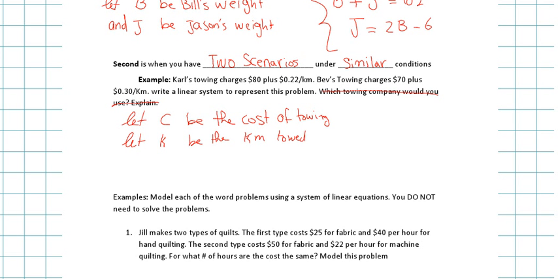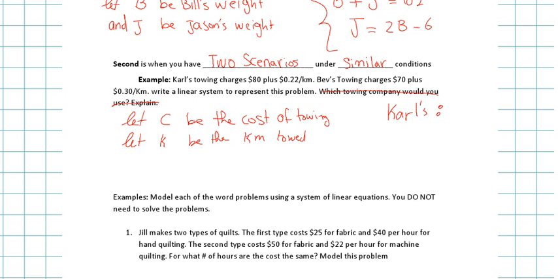This feels like problem solving. It is, but we're setting up the problem. So my 2 letters are the cost and how many kilometers we drove, K. Now let's look at Carl's company. This is scenario number 1.